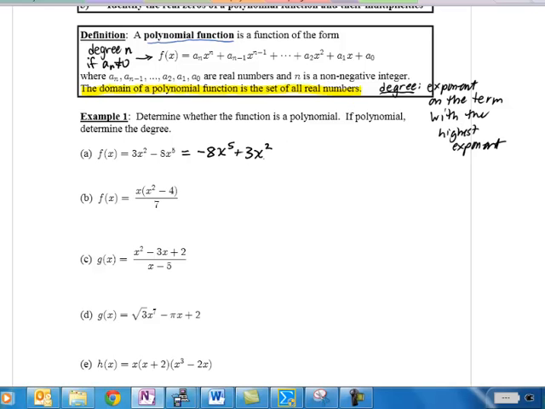So in this case, the degree is 5 because the highest exponent is 5. This is a polynomial because the only types of terms I see are x to some non-negative integer power times a constant. So this is a polynomial, and it's degree 5.